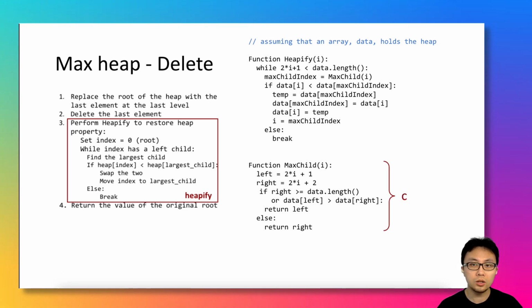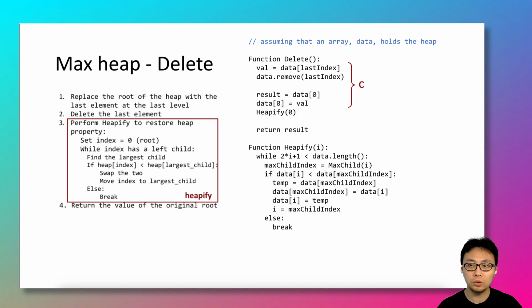It's not hard to see that the maxChild method runs in constant time, because it only contains an if-else condition. The same thing can be said for the first few lines of the delete method as well. It takes constant time to run them too. The only thing that's worth our attention when it comes to the time complexity analysis is the heapify method. How much time does that take?